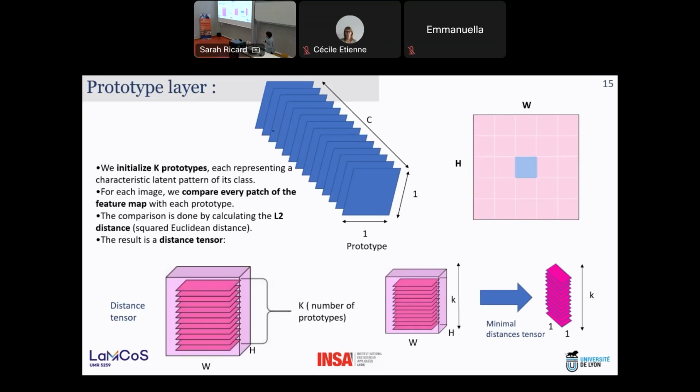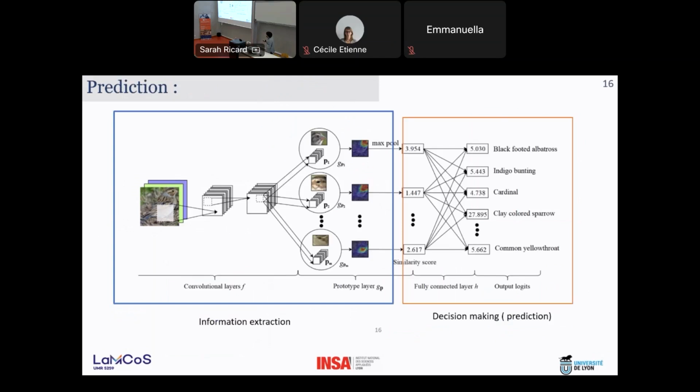Right afterwards, we take the minimal distance for each prototype, given that the smaller the distance is, the higher the resemblance between that prototype and a single region in the training set. We obtain this minimal distances tensor. We transform it into what we call a similarity score via a simple logarithmic function. And then we feed it into our linear regressor.